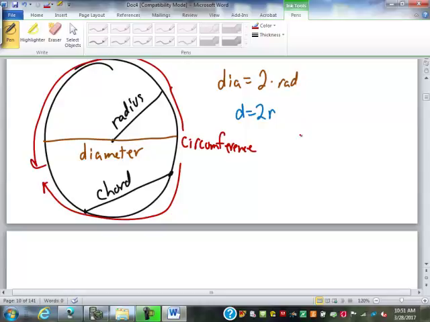The circumference, c, is equal to pi times the diameter. Pi is defined to be the ratio of circumference divided by diameter. So pi times diameter is the circumference, or 2 times pi times the radius. 2 times the radius is equal to the diameter, so 2r instead of d. Well, those are the basics.